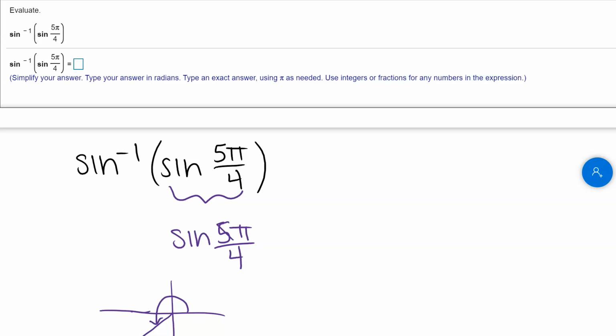It's pi over 4 away from pi. Third quadrant, my reference angle is pi over 4. So sine of 5 pi over 4 is going to be a negative root 2 over 2, or negative 1 over root 2. So what do we get here then? We get sine inverse of a negative root 2 over 2.